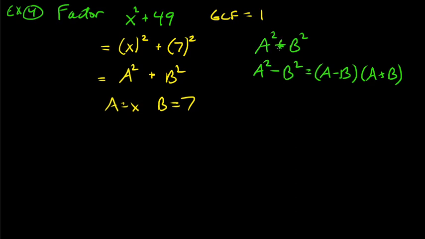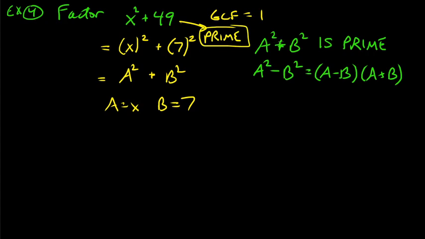However, a squared plus b squared is even easier than that. It's prime. It cannot be factored. So even though 49 was 7 squared, the answer here is that this is prime. Cannot be factored any further.